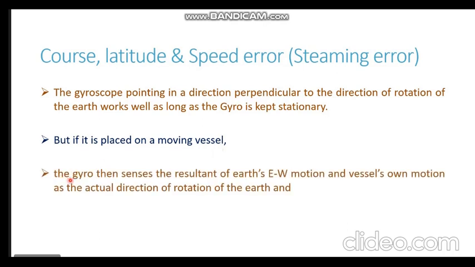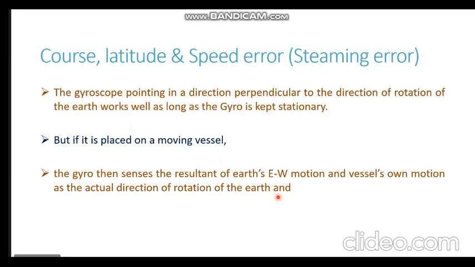Now, once the gyro is placed on a moving platform, a moving ship, or any vehicle or a plane, the gyro then senses the resultant of the Earth's east-west motion and the vessel's own motion as the actual direction of rotation of the Earth.